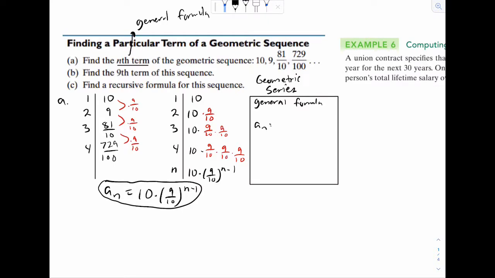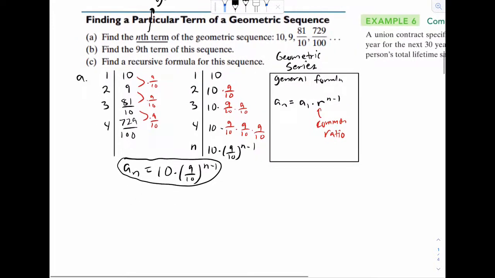To get the nth term, we simply take the first term and multiply it by your common ratio. That's 9 over 10 in this case, or you can see all those here. We call that r to the power of n minus 1. And again, we'll make a note there. That's your common ratio.